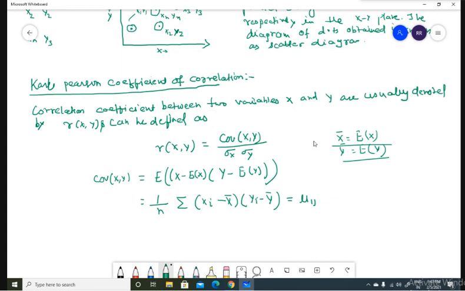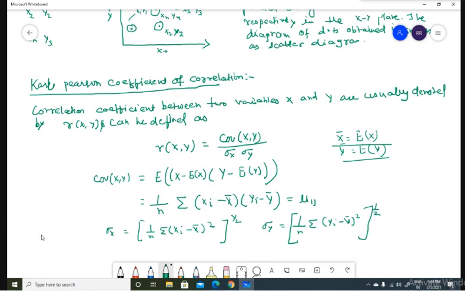Sigma x is 1 by n summation of xi minus x bar whole square, whole to the power half, and similarly sigma y is 1 by n summation of yi minus y bar whole square, to the power half.